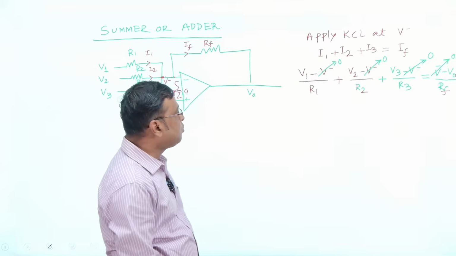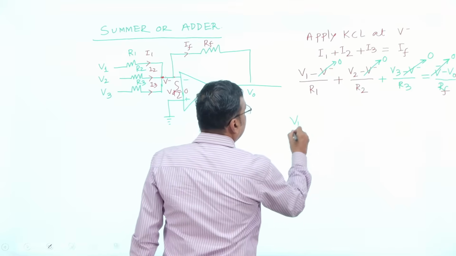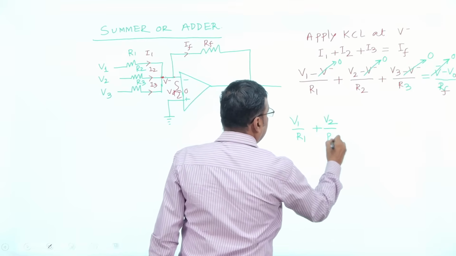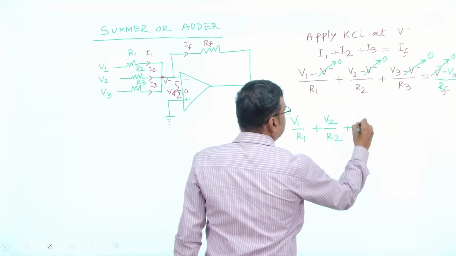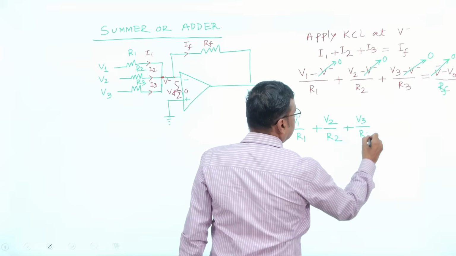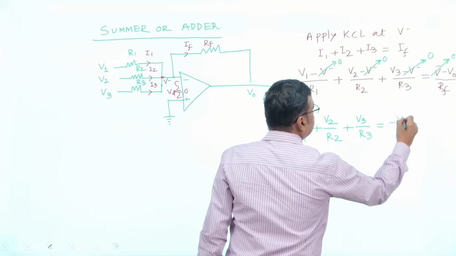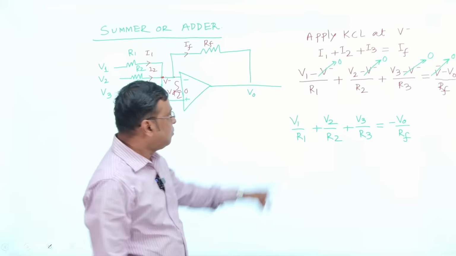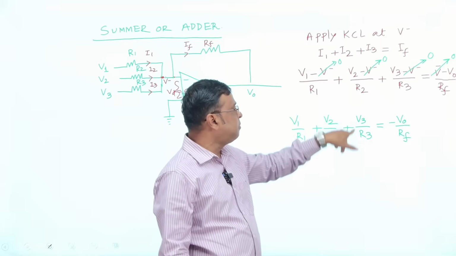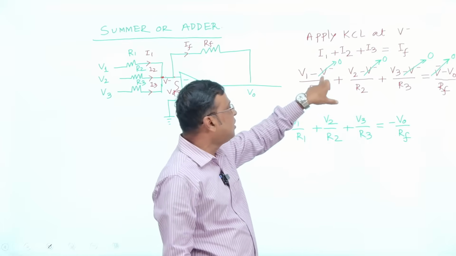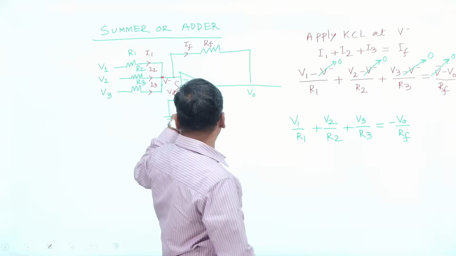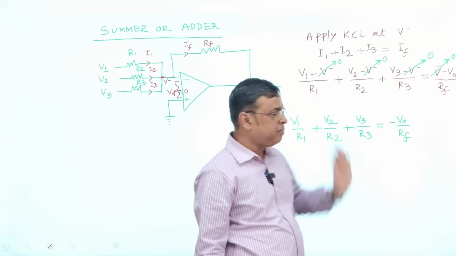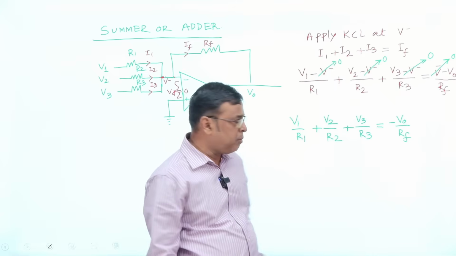The expression will become V1 by R1 plus V2 by R2 plus V3 by R3 equal to minus V0 by Rf. Because due to the virtual ground concept, the potential at V minus will be 0. Then we are going to calculate the output voltage V0.